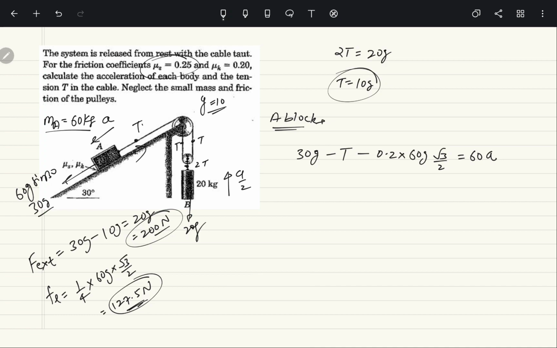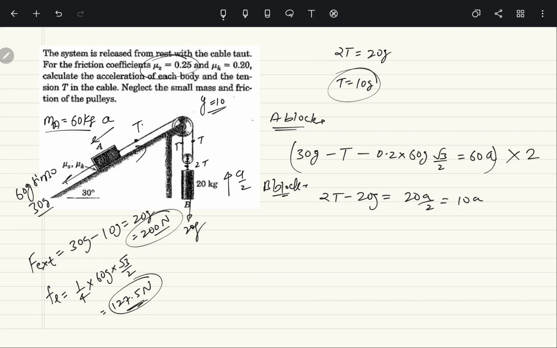And now we write the equation for block B. Block B is moving upward, and the equation for this one is 2T minus 20G equals 20 into a by 2, which is 10a. Now we'll remove the tension. For that we multiply this equation by 2.